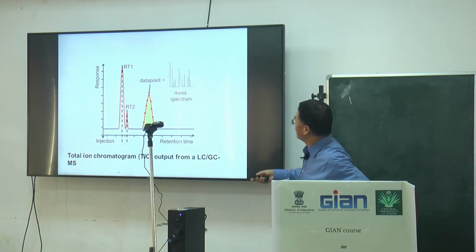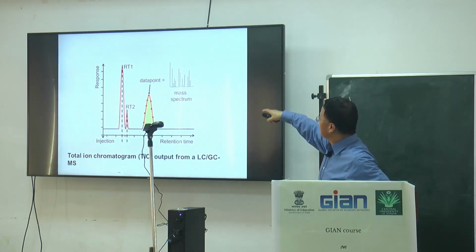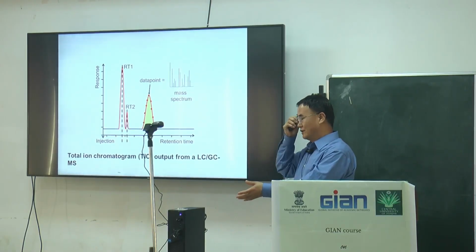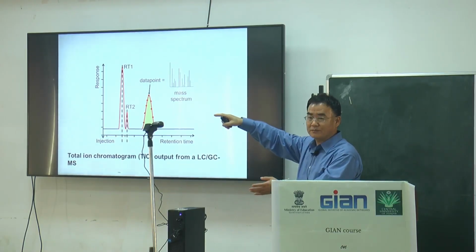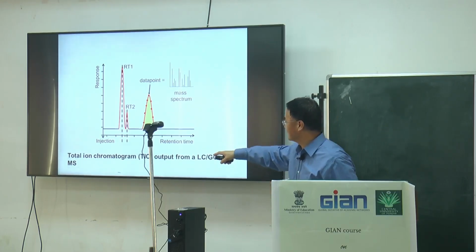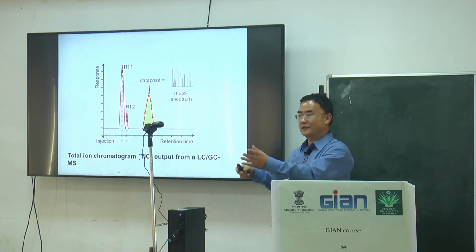Actually, usually when we use our software to analyze, we sometimes see it shows TIC. The TIC concept is the total ion chromatography. So usually you show the TIC of all the metabolites you can analyze.